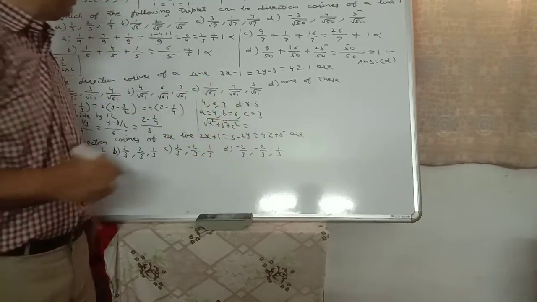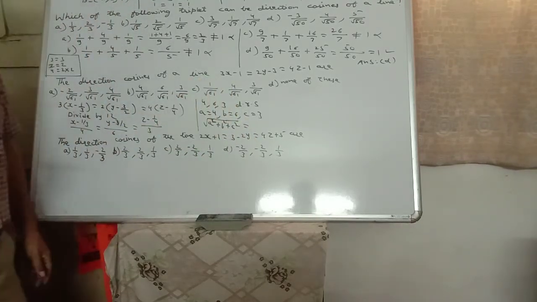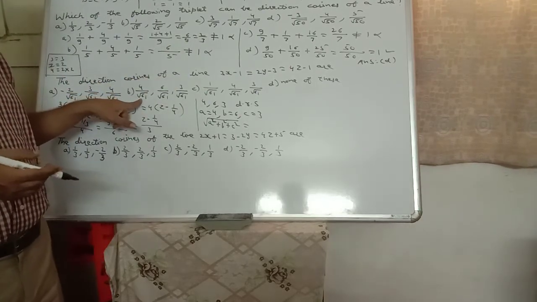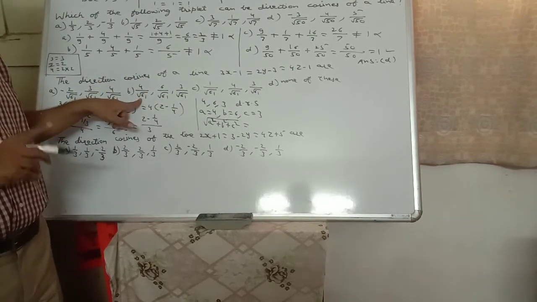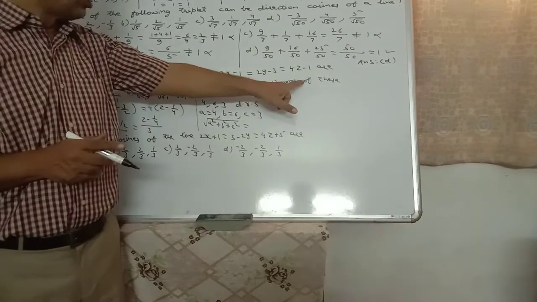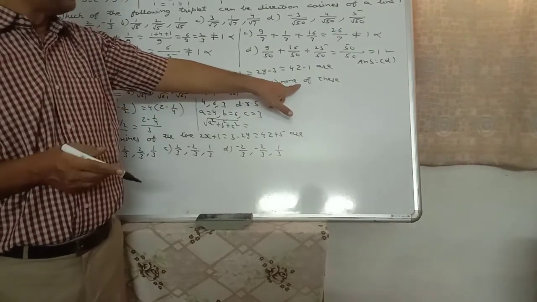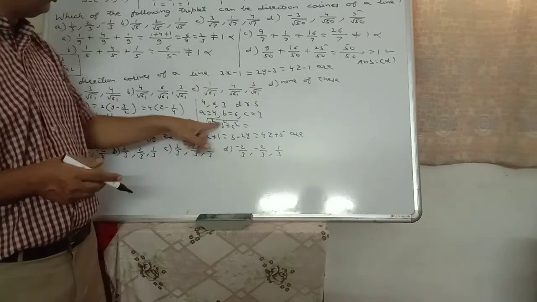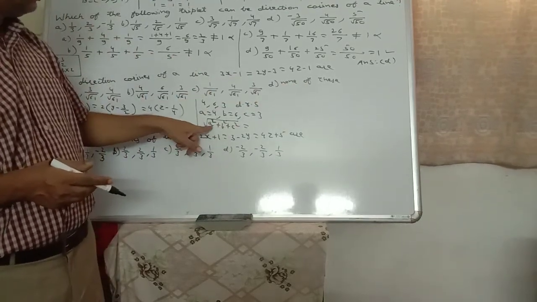In this example, it is necessary to find this value. In 3 options, in the denominator only one number is there, root 61. But option D is there, none of these. Due to this option, we have to find this value.